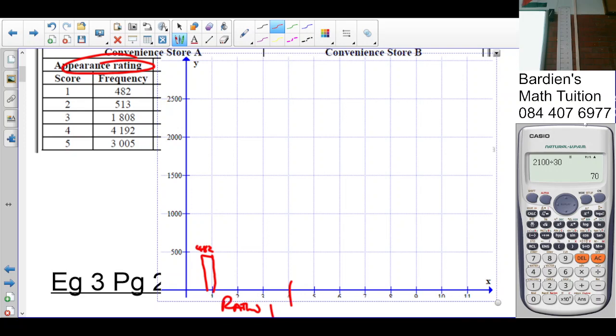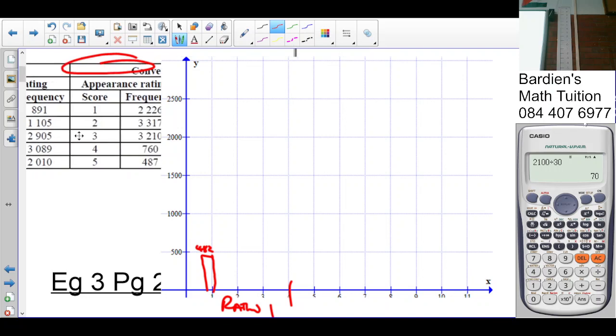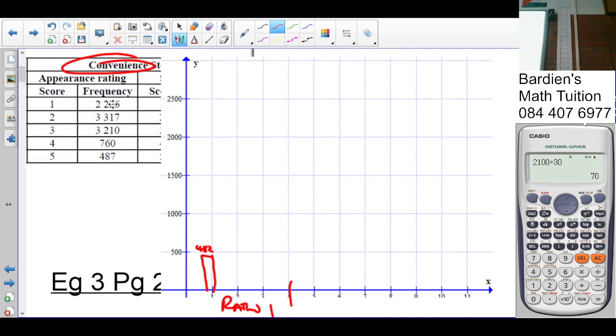But this is for appearance, no? Then the appearance for store B is going to be 2,226. Can you see that? So it's 500, 1,000, 1,000, so it's 2,200, which is about halfway there, not so?